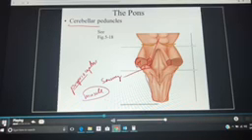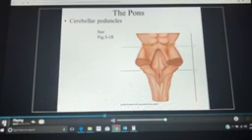Posterior view of the pons. And also keep in mind, folks, by removing the cerebellum, you're peering into this opening here called the rhomboid fossa, and this space right here is the location of the fourth ventricle.